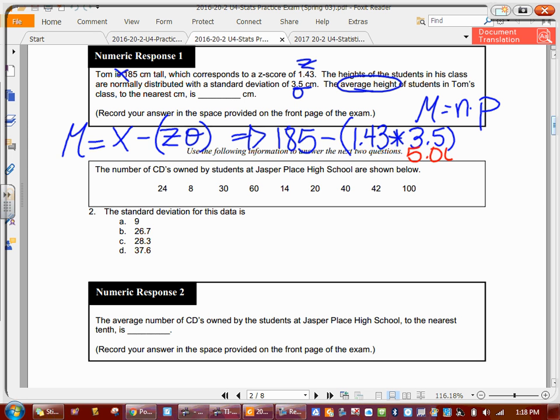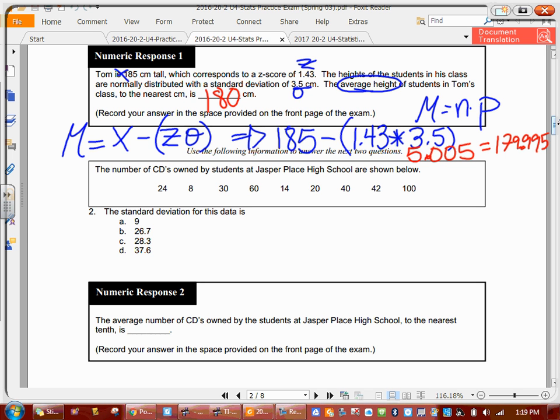There we go. So now we're going to get 185 minus that. So that's going to give us 179.995. It wants the nearest whole number. What would that round to? 180. So the nearest whole number is going to be 180. So the mean for that one is 180.